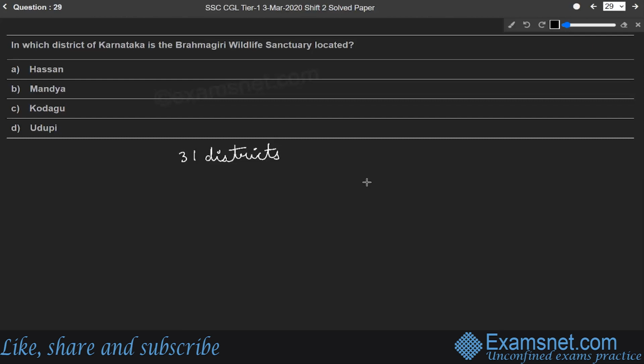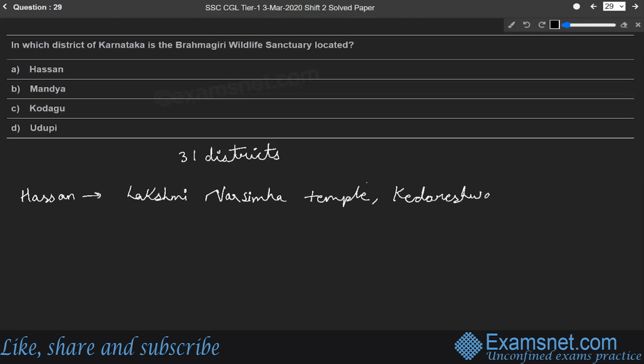So, talking about Hassan, it is mainly famous for the old age temples like Lakshmi Narsimha Temple, Kedareshwar Temple, which is a very famous temple, and Hoysala temples.